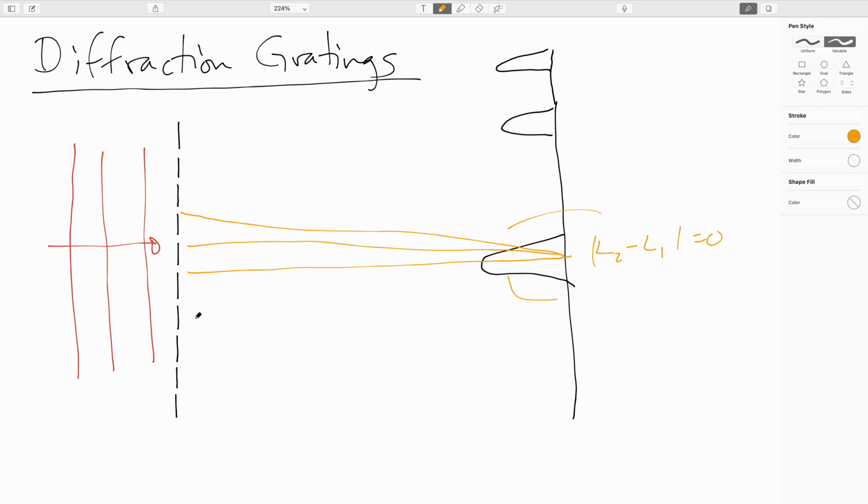And you could say do this pair and that pair, and it'd all be 0. And you could play the same kind of game over at the first minimum. If I look at the light going from here to here versus here to here versus here to here, these two would have a difference of 1 wavelength, just like before.